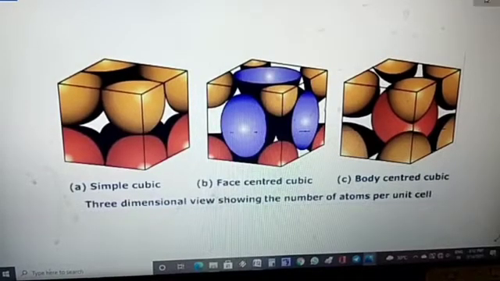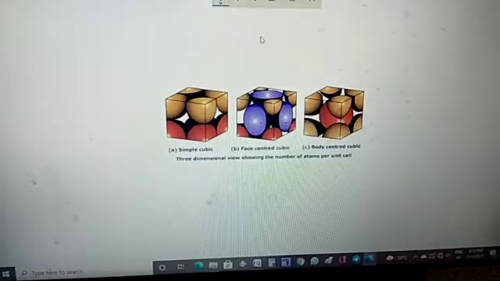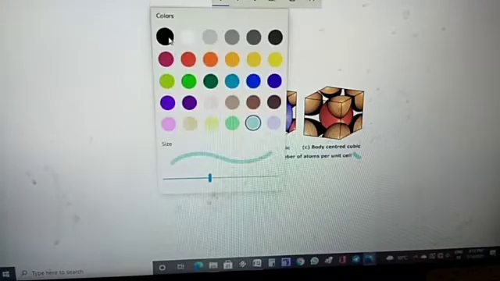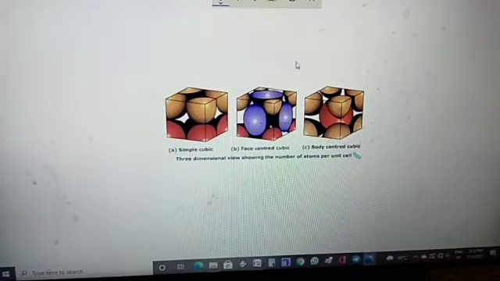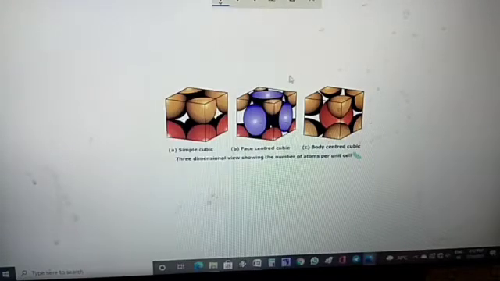So how much do you get? 8 into 1/8 is 1. Already we discussed in the case of the primitive cubic unit cell that as each atom is shared by 8 adjacent unit cells, we get 8 into 1/8.